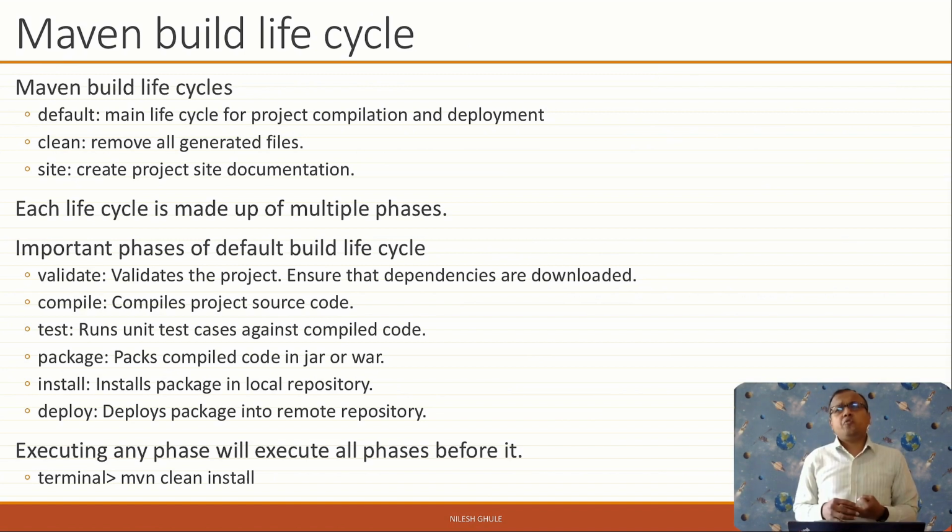After that, there is one more phase which I haven't put in a slide called the test compile phase, which is actually compiling the unit test source code of your project. Followed by that, there is the package phase, where the actual artifact, the actual jar or war file, is created depending on settings given in the pom.xml file. Once this package is ready, you might want this package to be accessed by another application on the same machine.